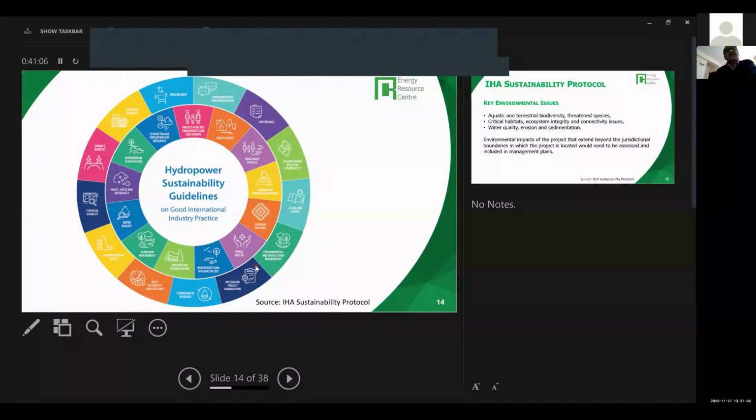Public health is an important factor, because sometimes construction and other activities can disturb public health. Cultural heritage: does the project impact any cultural heritage of the people? Similarly, you have labor and other working conditions.